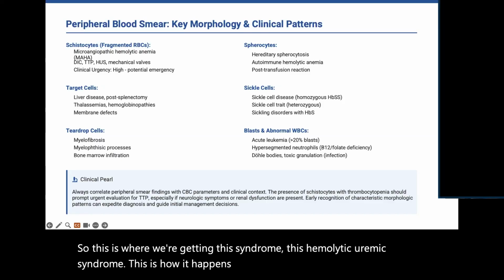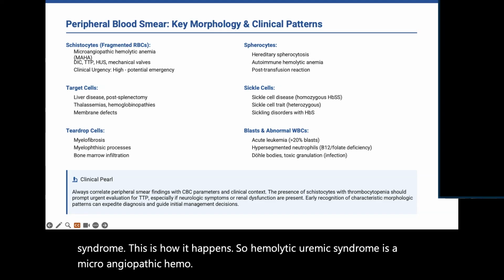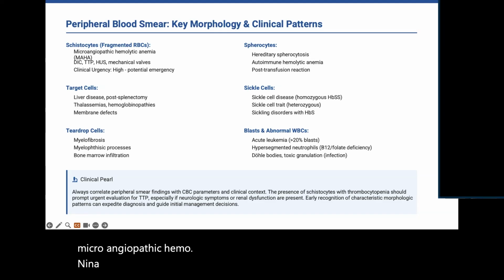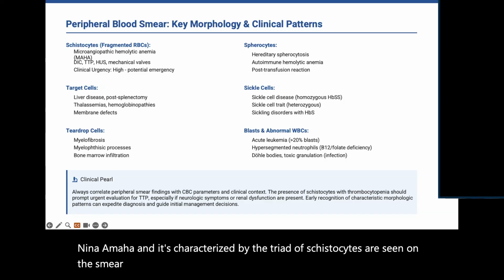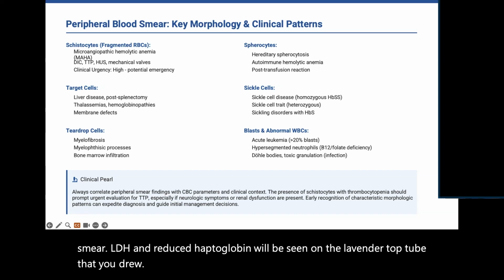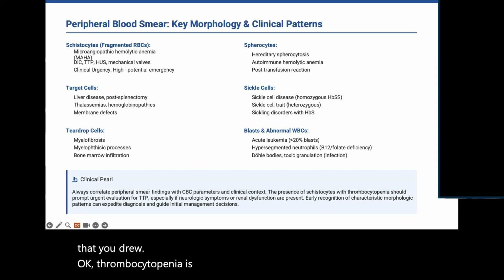So hemolytic uremic syndrome is a microangiopathic hemolytic anemia, a MAHA, and it's characterized by the triad of schistocytes seen on the smear, and LDH and reduced haptoglobin seen on the lavender top tube that you drew, okay? Thrombocytopenia is happening because of platelet consumption in the form of microthrombi.